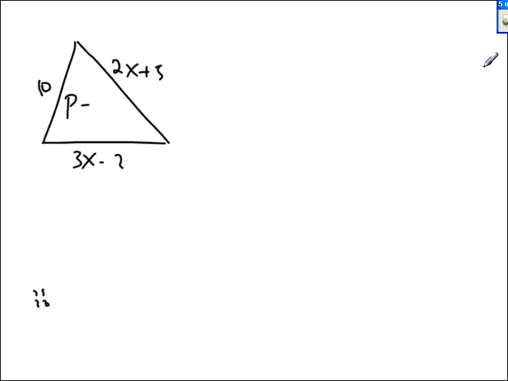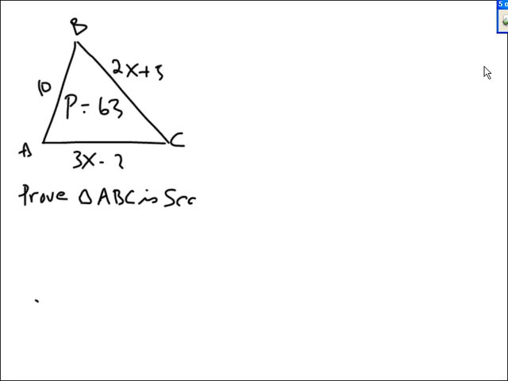And the perimeter is, say, 63. Okay, instructions are to prove that triangle ABC is scalene.